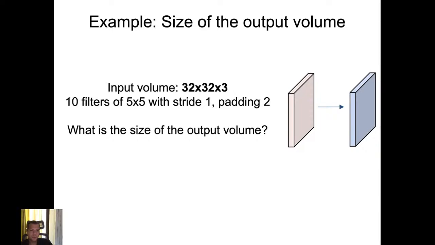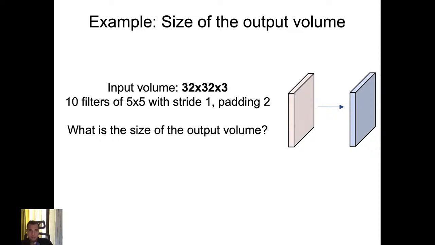So suppose that for a convolutional layer, we have 10 filters with stride 1 and padding 2, and the filters have a spatial support of 5 by 5. So what do you think will be the size of the output volume in this specific case?